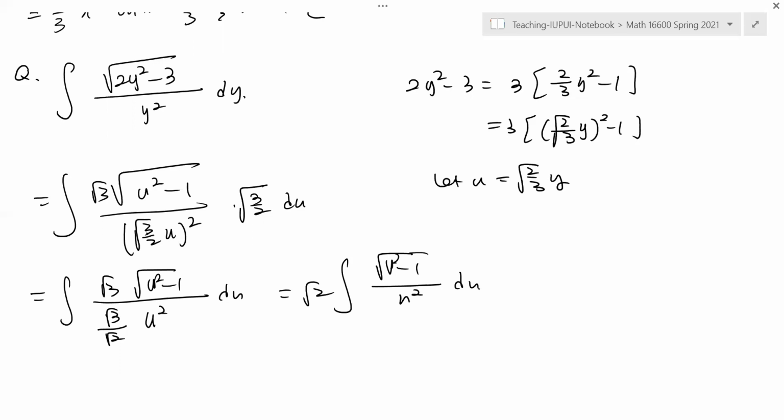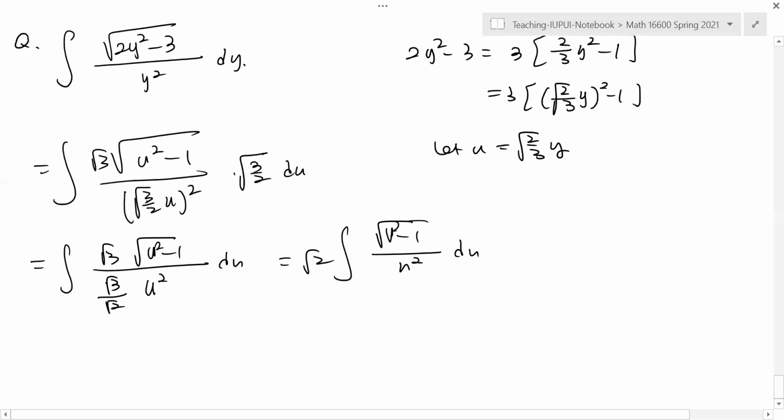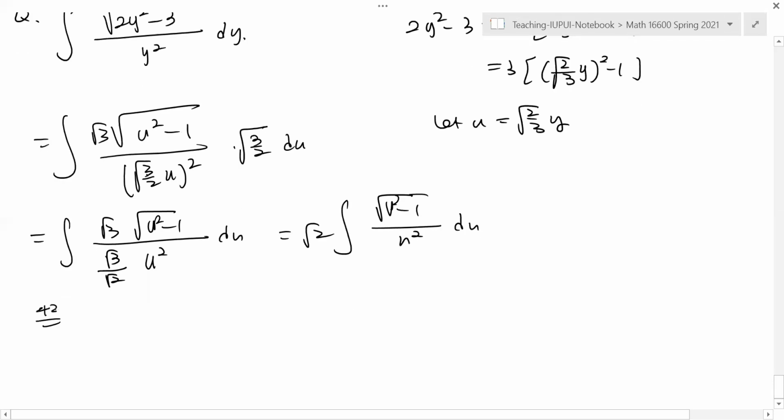Unfortunately, I don't see any of these formulas here. Let me double check. Oh yeah, I do have it. That is formula 42. So we're lucky.